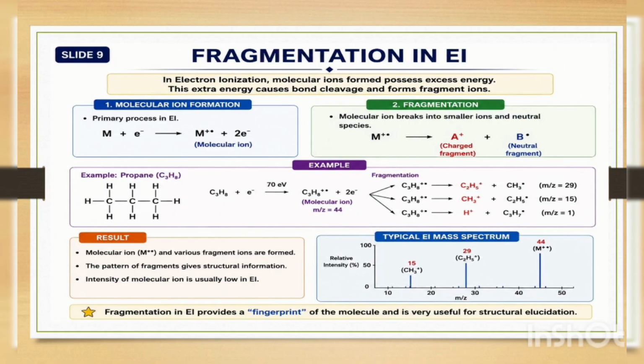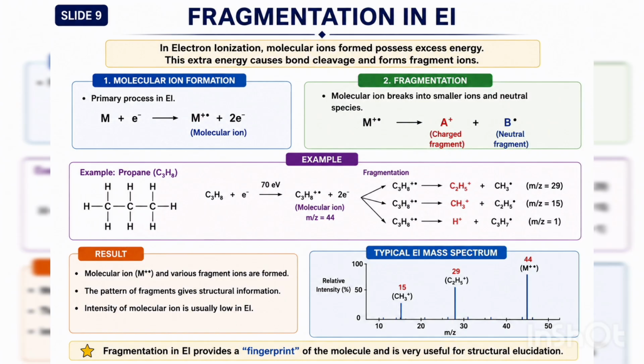Now let's understand why fragmentation occurs in electron ionization. When a molecule receives high energy from the electron beam, the molecular ion becomes energetically excited. It can therefore undergo bond cleavage. For example, take a simple molecule such as propane.